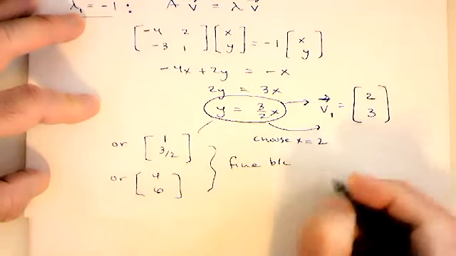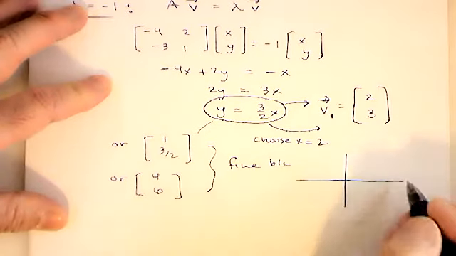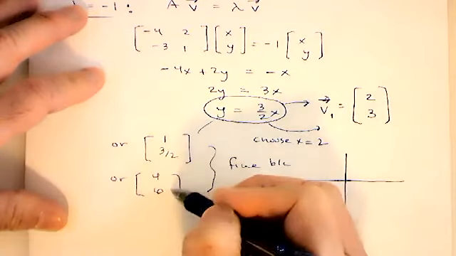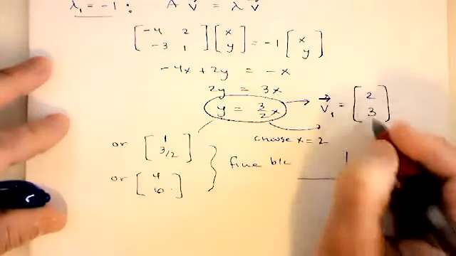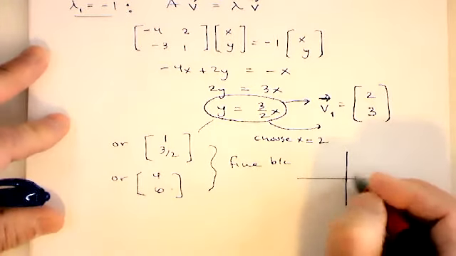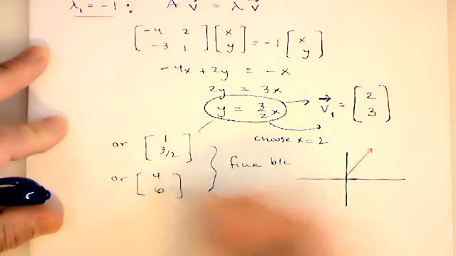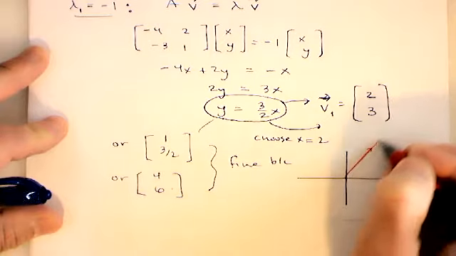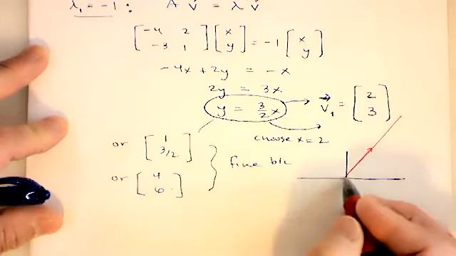Here's what it really comes down to. If you were to plot any one of these vectors, maybe I use a different color here, 2, 3 is a vector that goes over 2, up 3. So that might look like this. 4, 6, you probably recognize, is just an extension of that, right? That's just double that vector. 1, 3/2 is over 1, up 3/2.